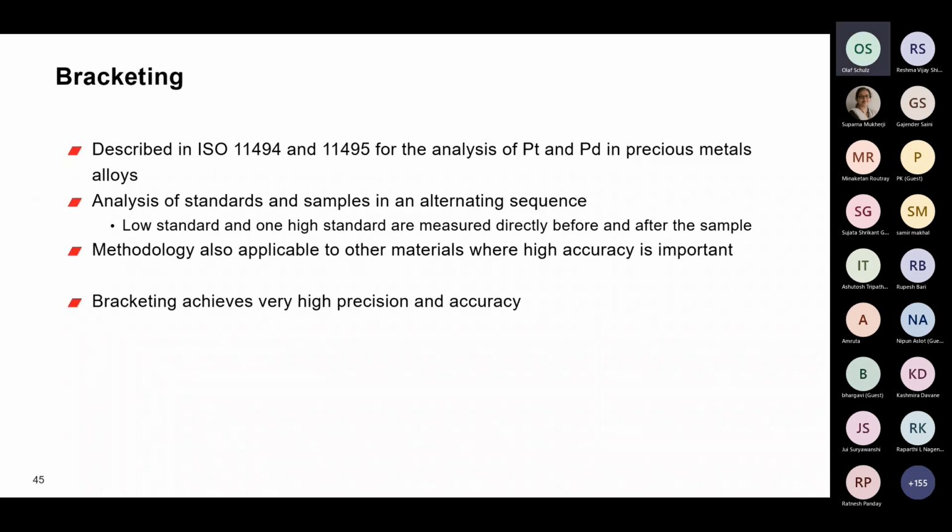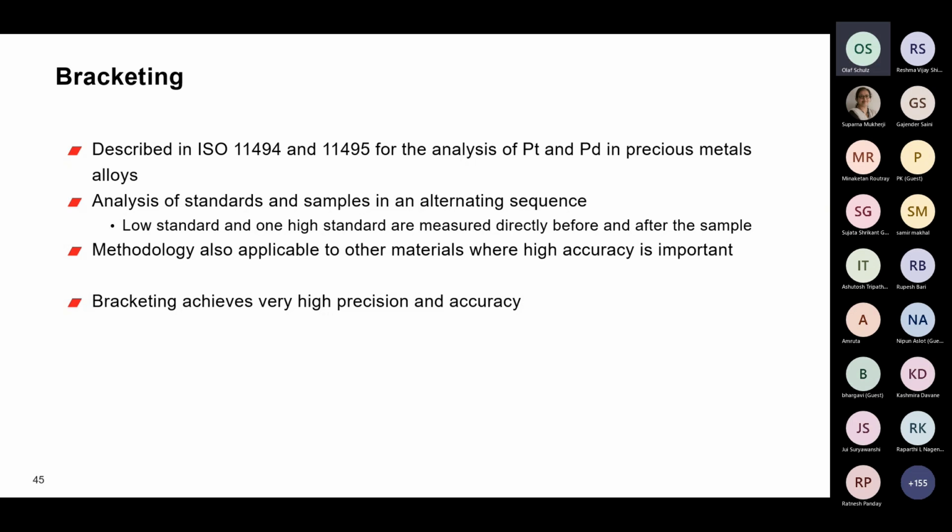Now, the major components were analyzed using the bracketing technique. Bracketing is a method described in ISO standards, ISO 11494 and 11495, for the analysis of platinum and palladium in precious metal alloys, as the analysis of standards and samples in an alternating sequence where one low and one high standard are measured directly before and after the sample.